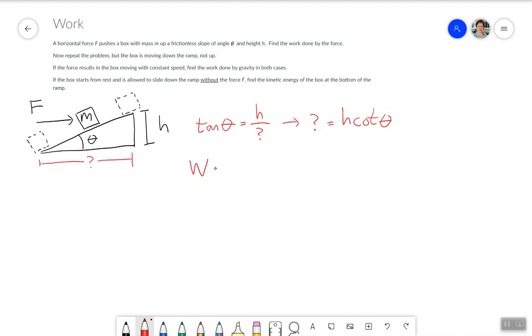So the work that's done is the force times the component of the path that's parallel to the force, h cotangent theta.